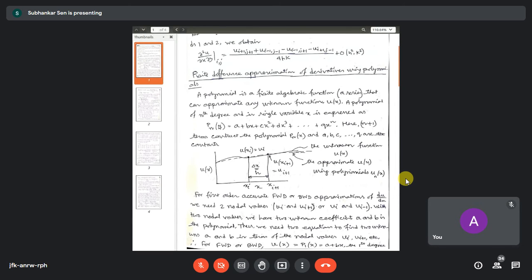Let us consider that P is u. This is a general expression. We can say Pn(x), where n is the degree or the order of the polynomial, equals a plus bx plus cx square, etc. Now we can take the derivative of this term to get du/dx, whatever the polynomial you are considering.